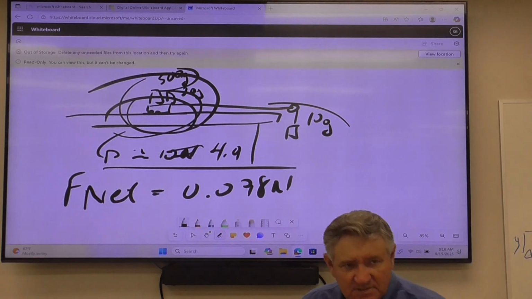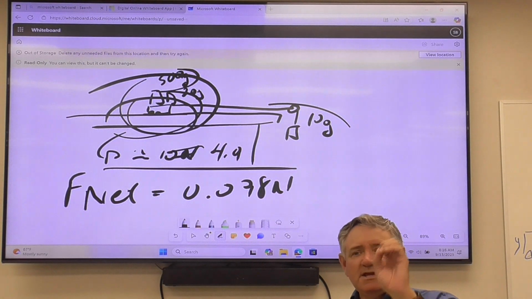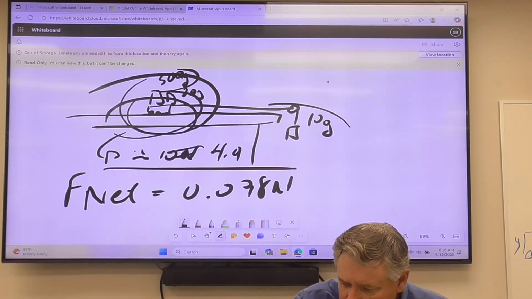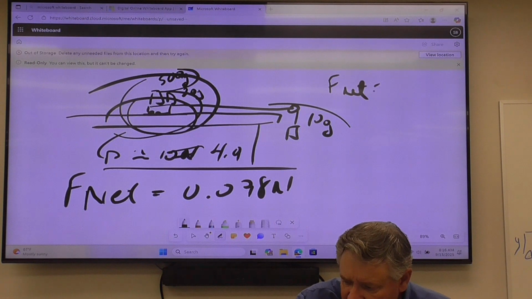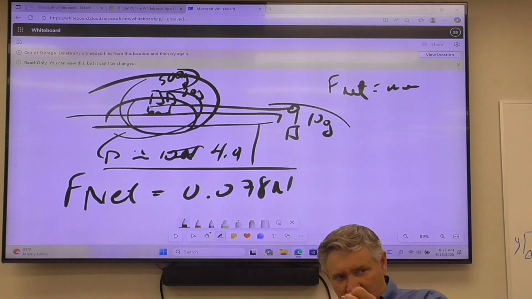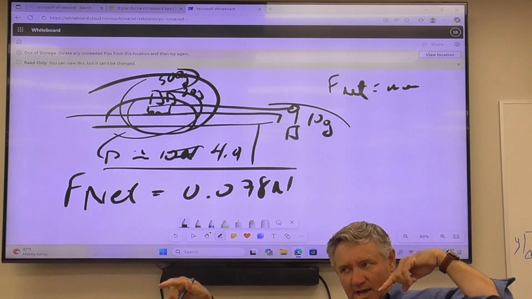Does this resist motion? Absolutely, okay, it does. But dragging that mass is not an opposing force. How we take that into account is that we know that force net equals mass times acceleration. So when we divide that net force by a big mass, that's how we take that into account.